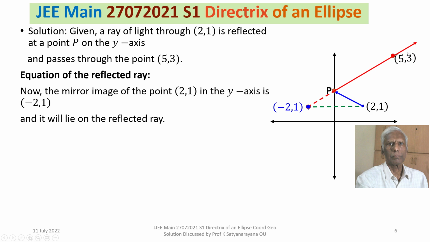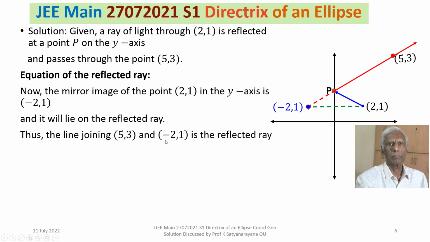So, now we have two points on the reflected ray and we can apply the two-point formula for the straight line equation. Thus the line joining (5, 3) and (-2, 1) is the reflected ray. If this is (x1, y1) and this is (x2, y2), then the reflected ray is y minus y1 equals (y2 minus y1) by (x2 minus x1) multiplied by (x minus x1).